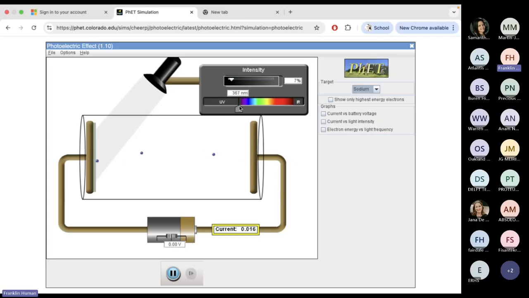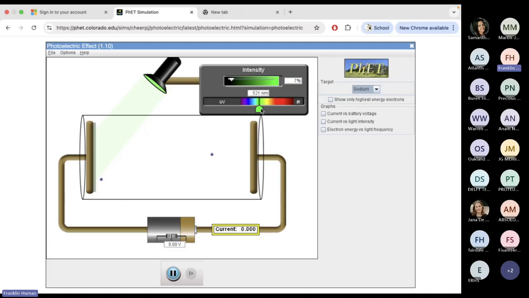That is the characteristics of electrons being emitted by UV light, but now UV light closer to the violet component of our continuous spectrum. And if I put it right there on violet light, that's the situation that we have. If we put it on blue light, that's the situation on green light.